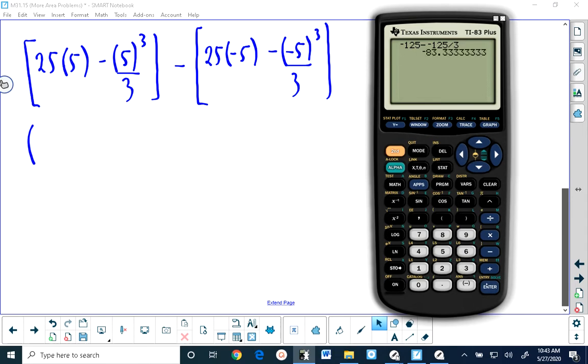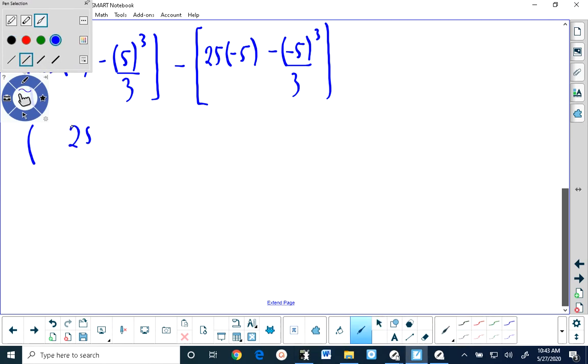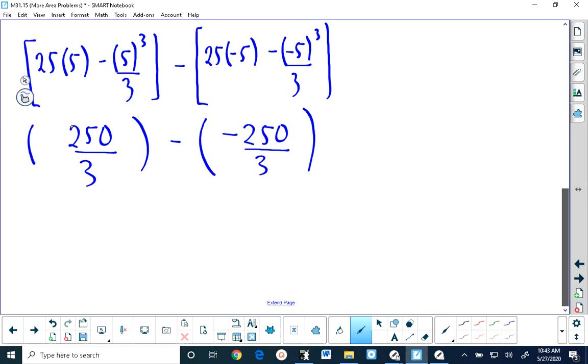You get the exact same number, except it's negative. So we end up with 250 thirds minus negative 250 thirds, which means you get 250 thirds plus 250 thirds, which is 500 thirds of a square unit.